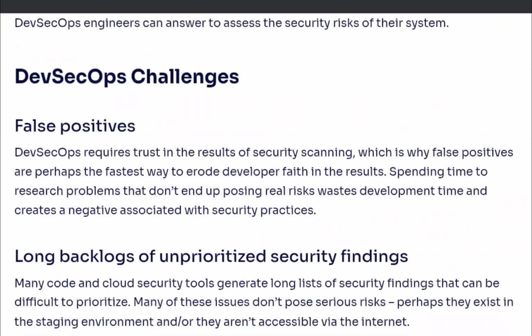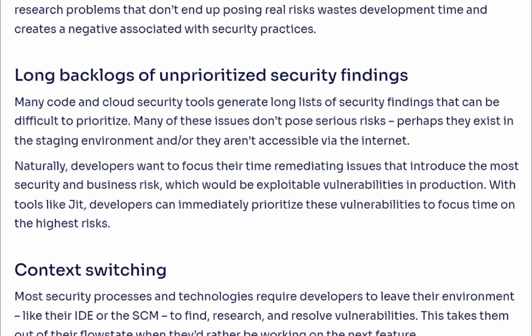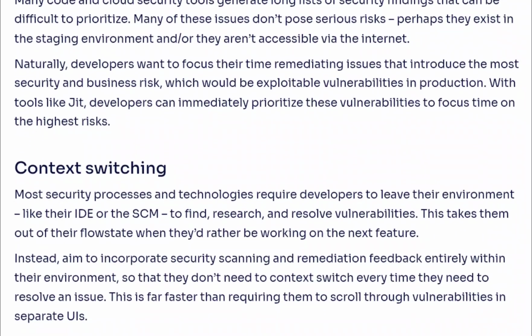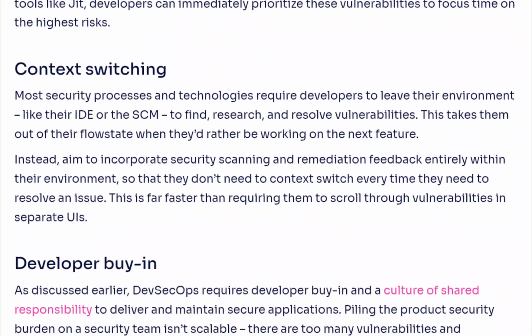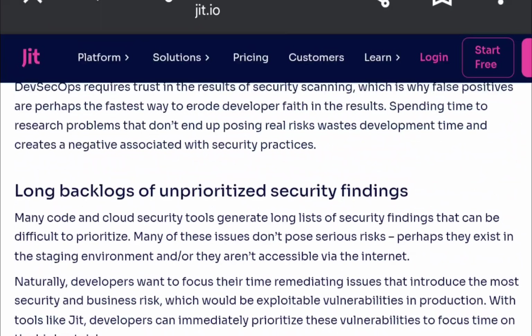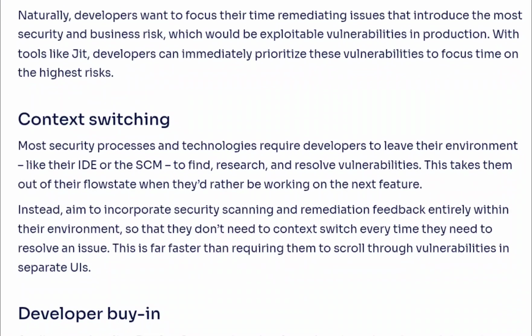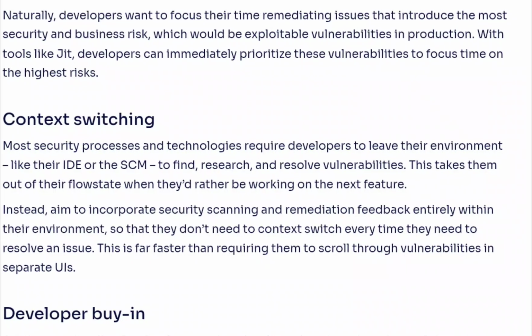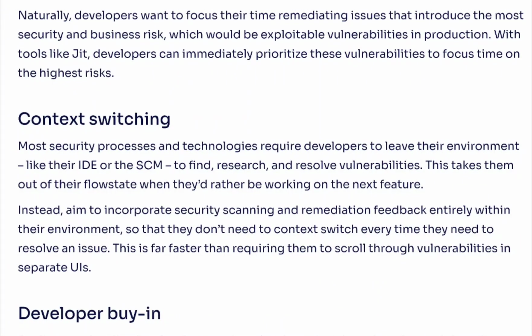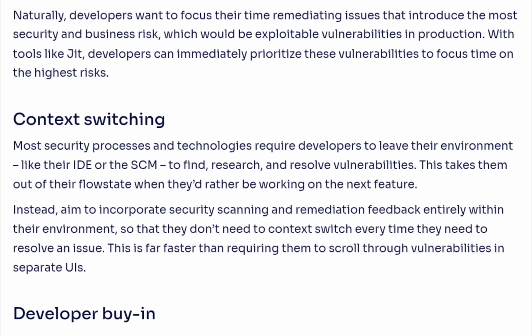And the second challenge is a long backlog of unprioritized security findings. We need to work on that. And context switching is also one of the major challenges as a DevSecOps engineer. Most security processes and technologies require developers to leave their environments, like their IDE or the SCM, source code management, to research and resolve vulnerabilities.